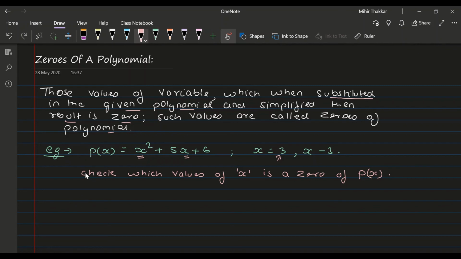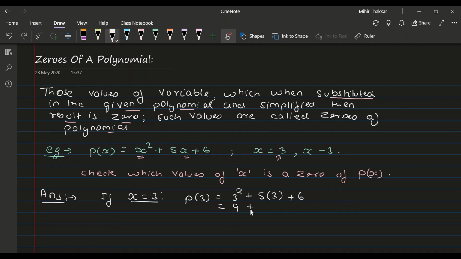So when I want to check for 3, if x is equal to 3, p of 3 is equal to 3 square plus 5 into 3 plus 6. Now 3 square is 9 plus 5 into 3, that is 15, plus 6. 15 plus 6 is 21. 21 plus 9 is equal to 30.